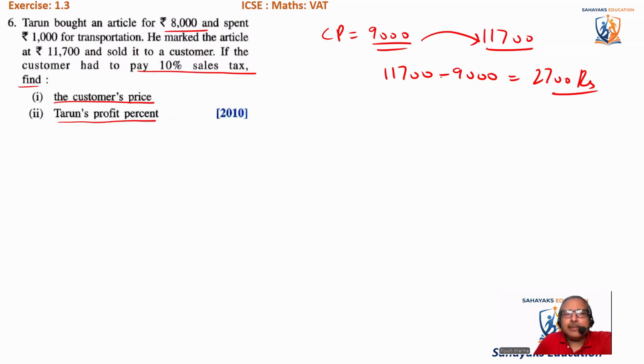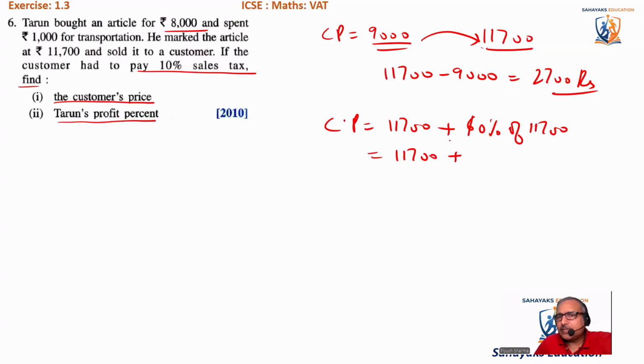The customer will have to pay 10% sales tax on this. Find the customer's price. The customer is paying 11,700, so the customer's price will be 11,700 plus 10% sales tax, 10 percent of 11,700. 11,700 is the marked price, and 10% of 11,700 is 1,170.